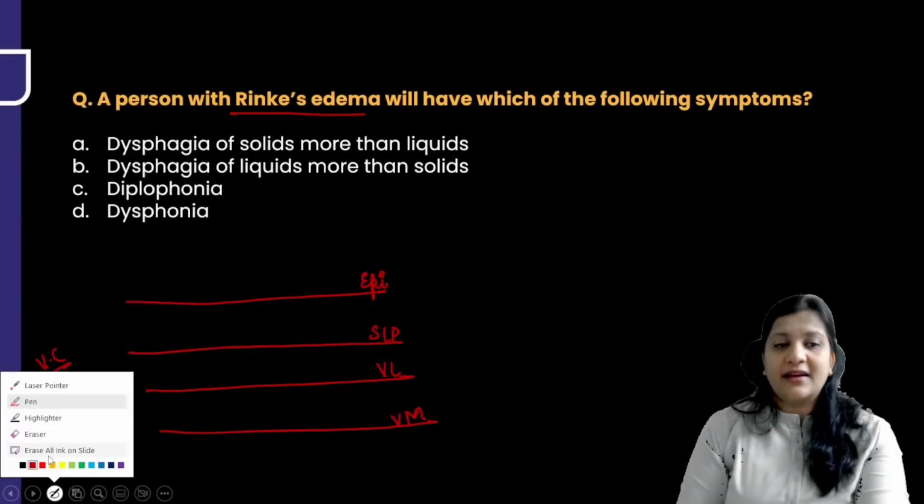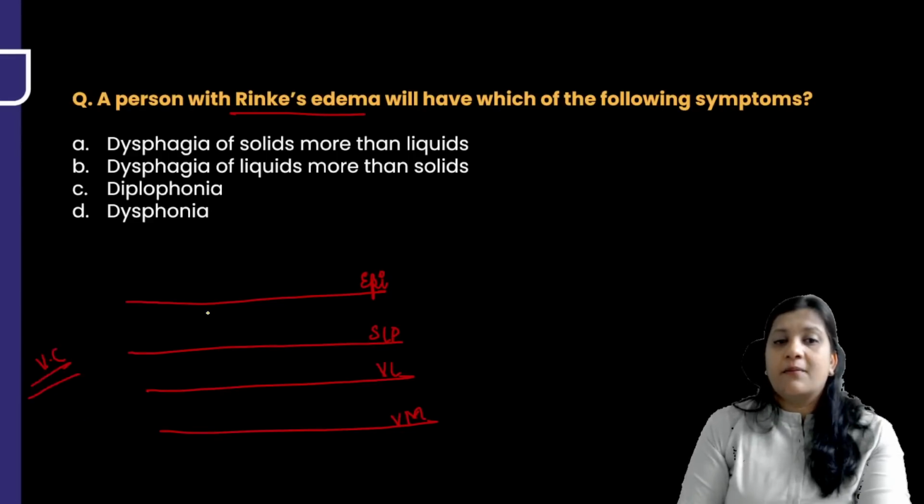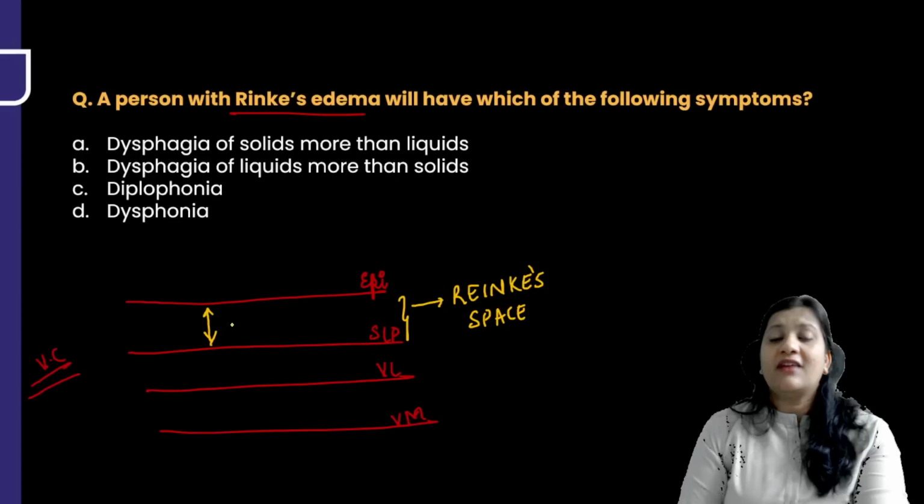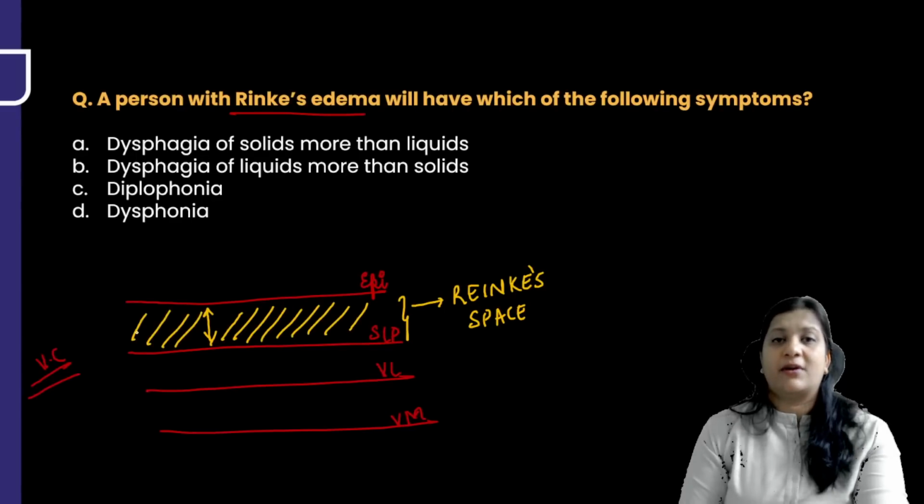Now the space present between the epithelium and the superficial lamina propria is called Reinke's space. Here, if we have accumulation of edematous, myxomatous tissue, then we call it Reinke's edema.